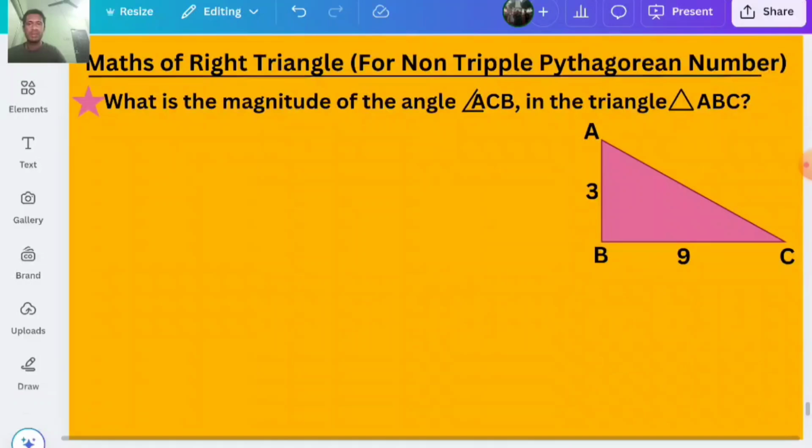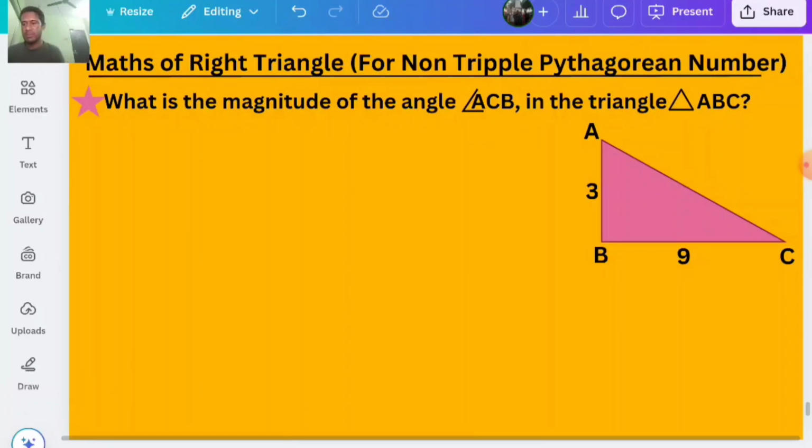This problem is for a non-triple Pythagorean number. This is for a right triangle, though it is not directly connected with the Pythagorean theorem, it is very closely related to it. The problem is: what is the magnitude of the angle ACB in the triangle ABC?